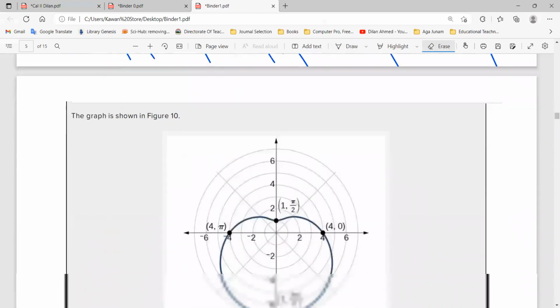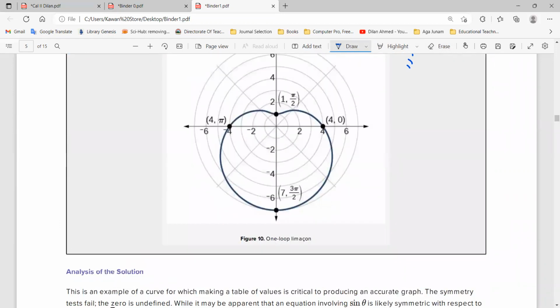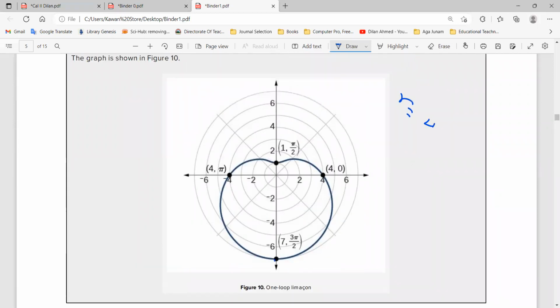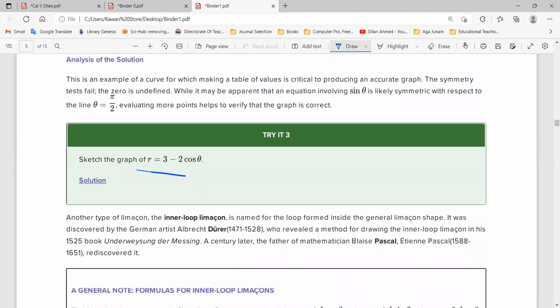The shape is going down the y-axis. So here will be 7. And if I give you even the graph, you can imagine the equation. I have a 7, so it means the shape of 4 and 3. I have here minus, and the shape is sine of theta. This one is 4, A. That one is 7, A plus B. And that one is 1, A minus B. Easy? Guys, girls, everyone? Good. Try to solve that one.